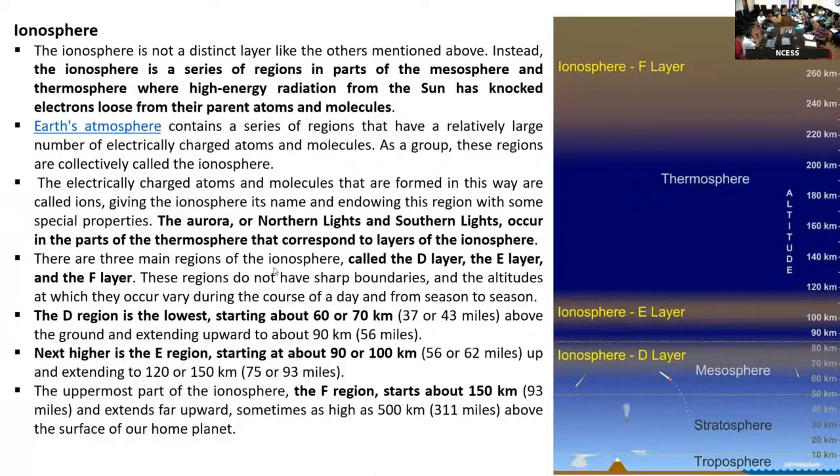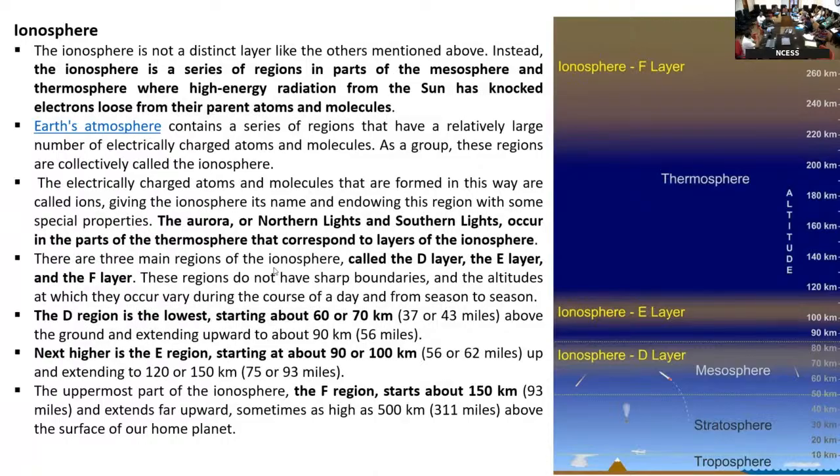Also, even though it cannot be called a layer, this term is very important: ionosphere. This ionosphere is basically the part where we have ionized air molecules or atoms. This has a vital role in communication to satellites, radio communication and many things.